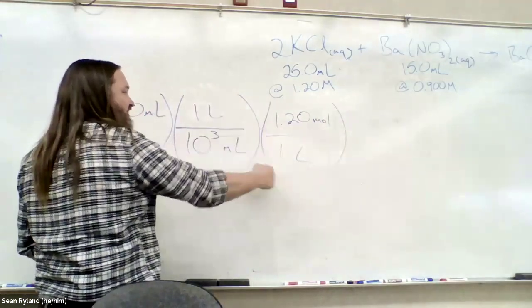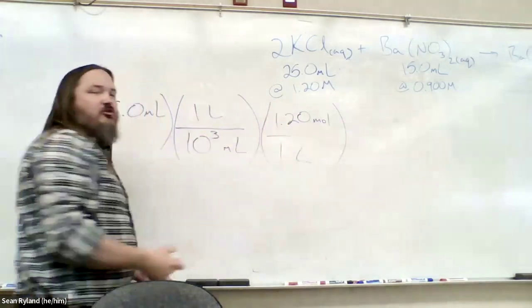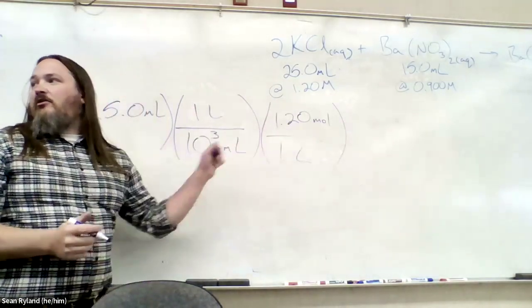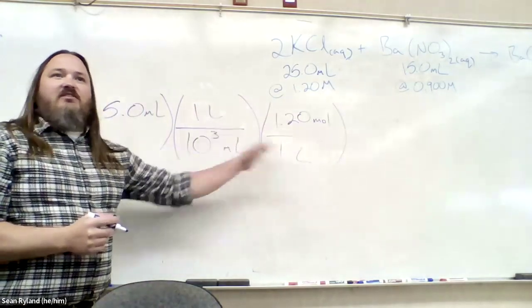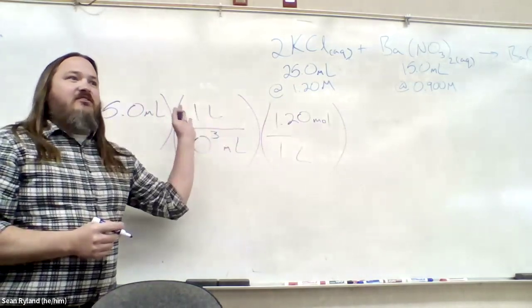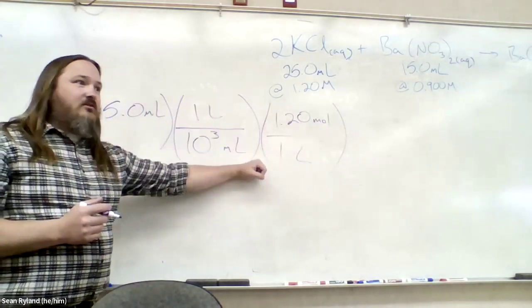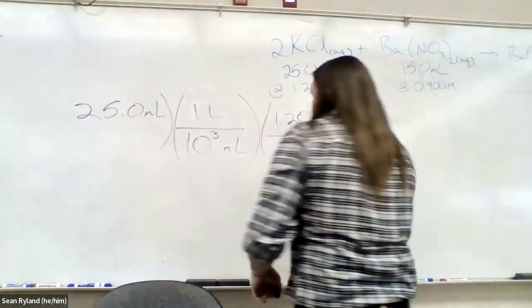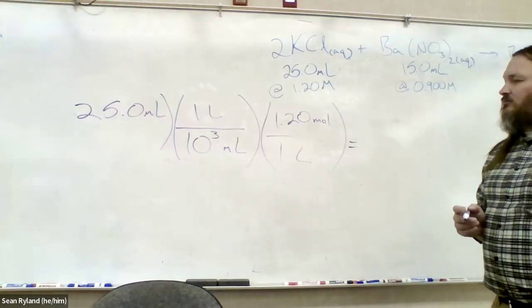Since these two things are the same, we can combine those into one conversion factor if you like. If you're not sure about that, just leave it like this. It's more writing, takes up more space, but it's kind of foolproof, right? We know how to do this. So we'll get 0.025 times 1.2.